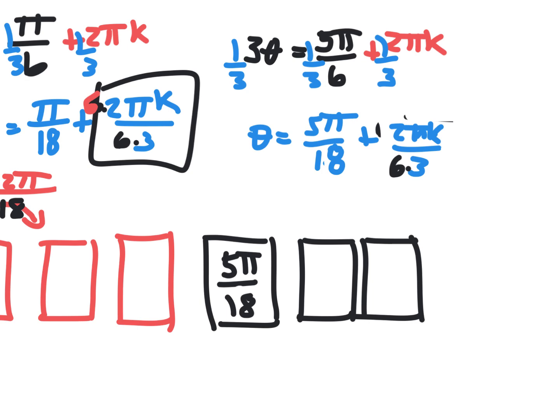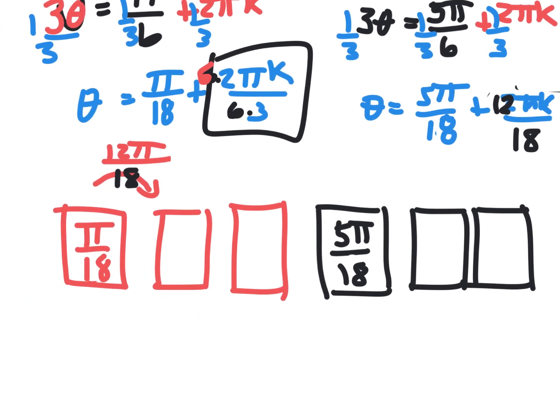So I'm just going to change it to 12 pi k over 18 right off the bat. 6 times 3 is 18, right? And I know it could be reduced, but we don't want it because we want to keep a common denominator. So every one you do just keeps on adding 12 pi over 18.